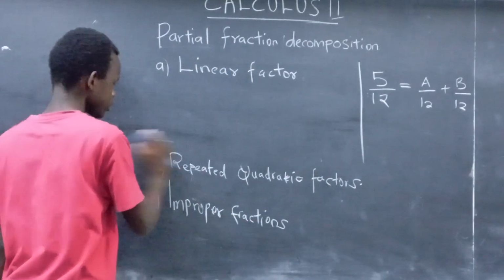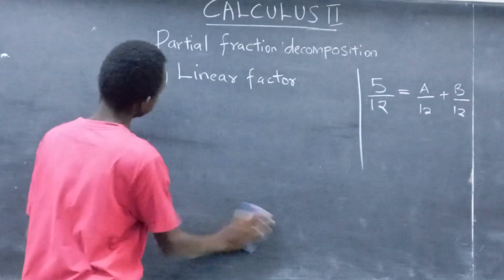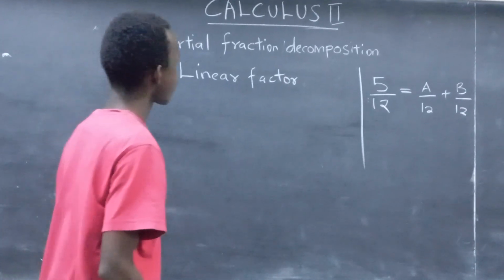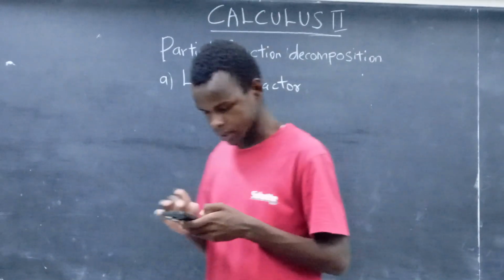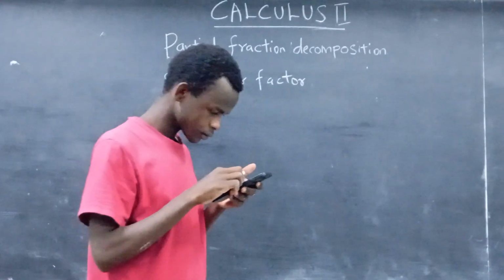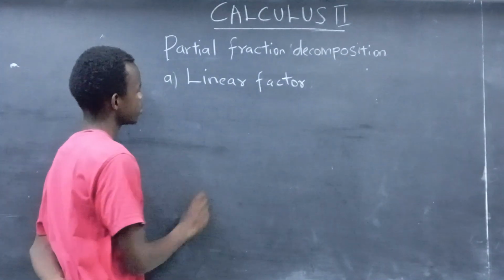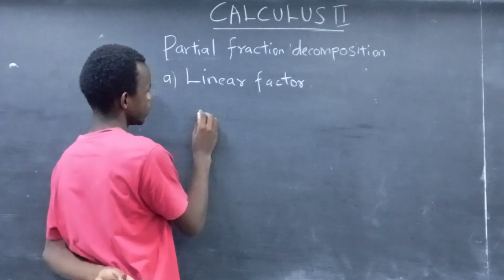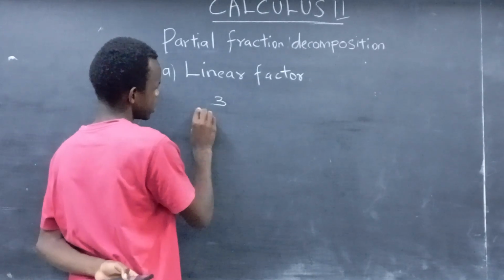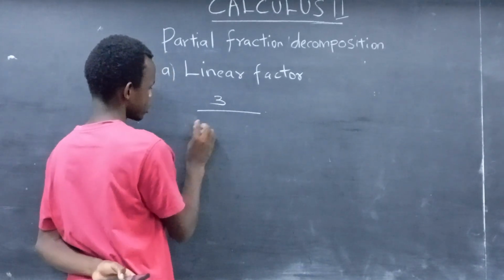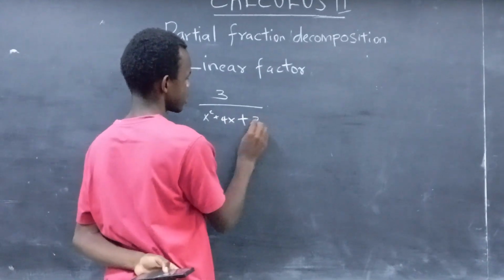Let's start with the linear factors. This is where maybe you are given any number, let's say 3, divided by a quadratic expression, for example x squared plus 4x plus maybe 3.